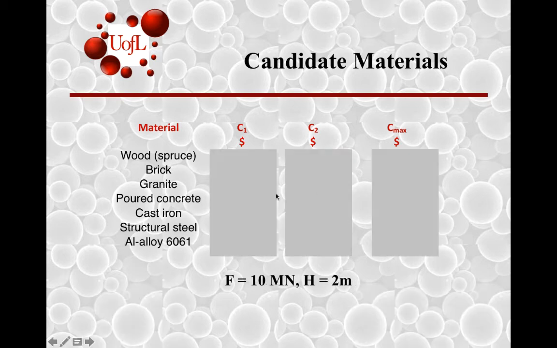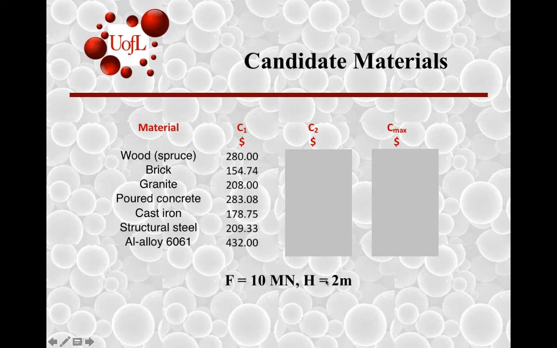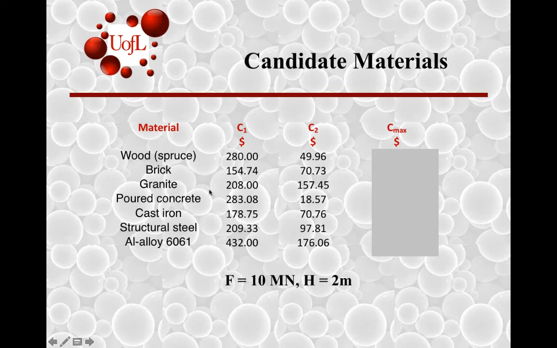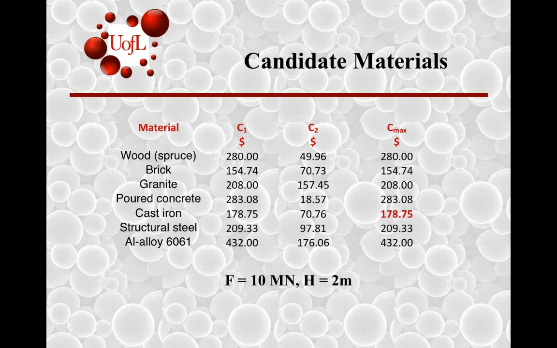In the second situation, for larger values of F by H square, the coupling constant of proportionality, you find out that C1 will give you all these values, and actually in this particular set of cases, C1, the cost based on the first constraint, is greater than for the second constraint, which is a different trend from what you saw earlier.